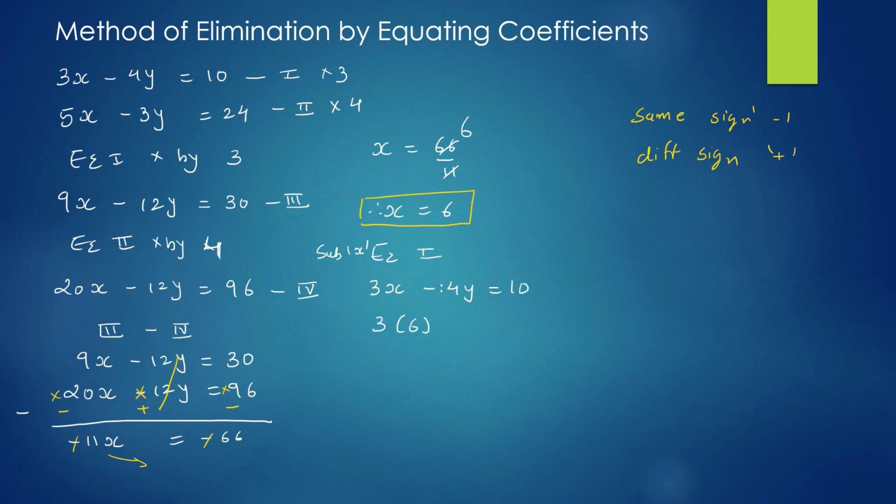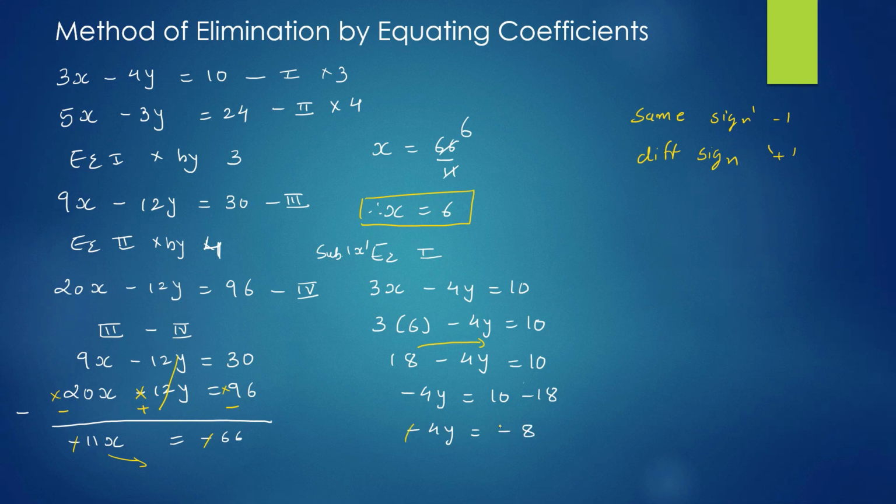The value of x is 6, so 3 times 6 minus 4y is equal to 10. 6 3s are 18 minus 4y equal to 10. This 18 will go to the right side. Minus 4y equal to 10 minus 18, which comes minus 8.